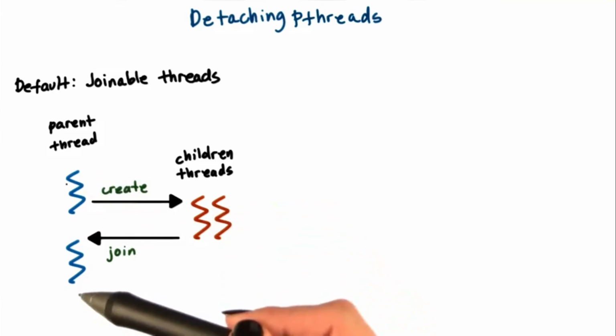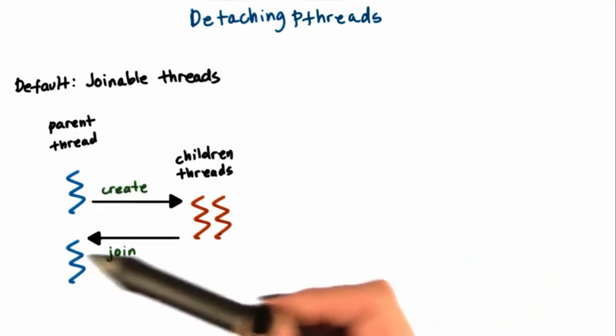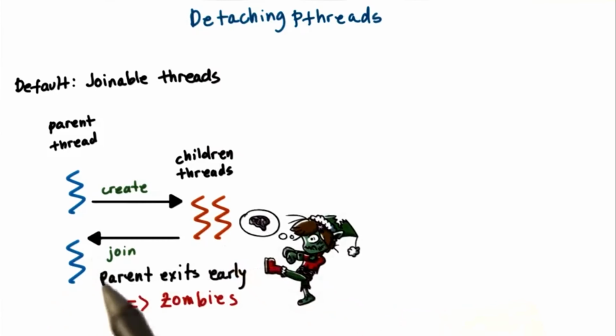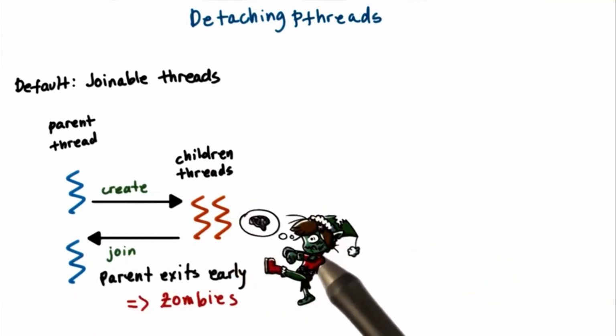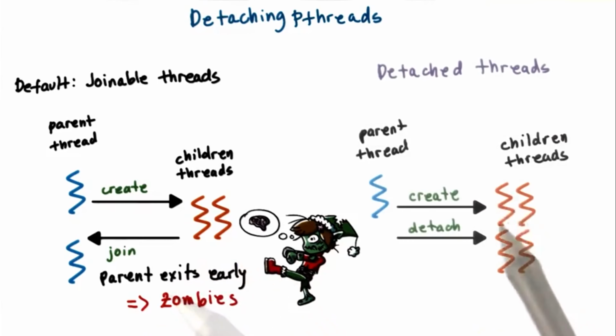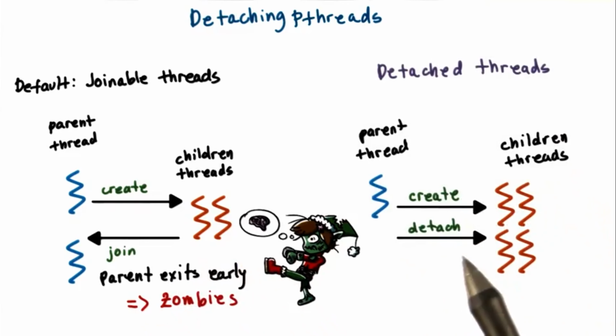The parent thread should not terminate until the children threads have completed their execution and have been joined via the explicit join operation. If the parent thread exits early, the children threads can turn into zombies because they may have completed or died but not exited, or have not been reaped properly. In pthreads, there is a possibility for the children threads to be detached from the parent.